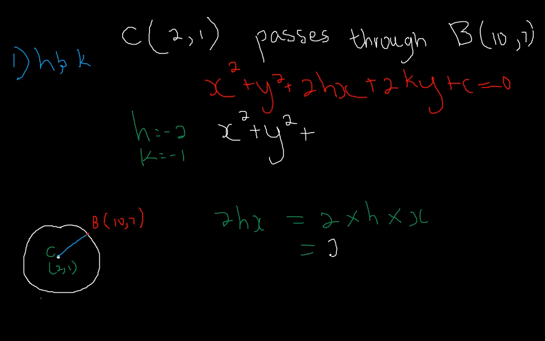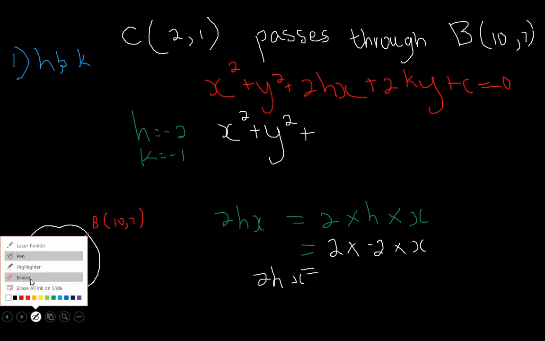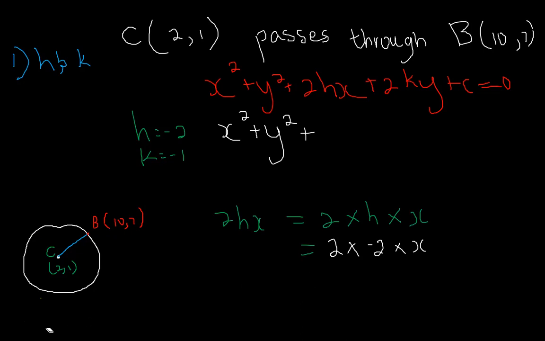So this is the same as 2 times -2 times X. That means 2HX in this equation is equal to -4X. And that's what I have to do here. So I could erase this plus sign. Oh my gosh, no, I didn't do that.